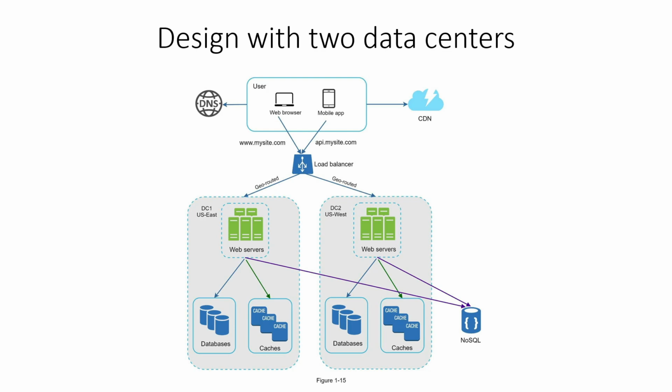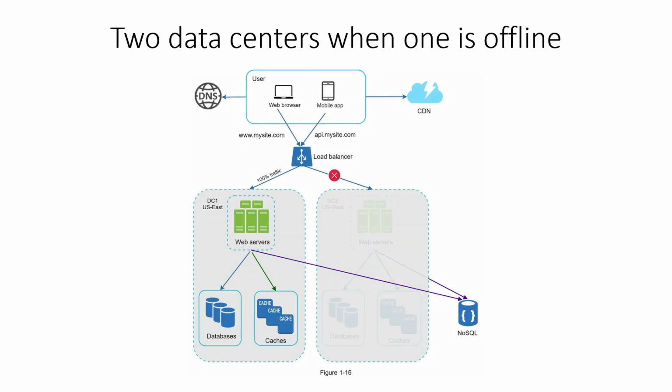In the event of any significant data center outage, we direct all traffic to a healthy data center. In Figure 1.16, data center 2, US West, is offline, and 100% of the traffic is routed to data center 1, US East.